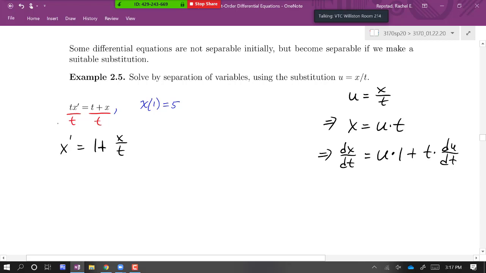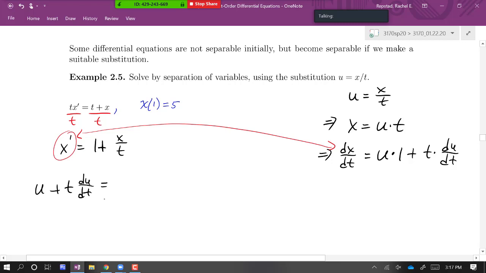So I'm going to substitute that in for our x prime here. On the left side, I'll have u plus t du dt. On the other side, I've got 1 plus x over t, which is u.